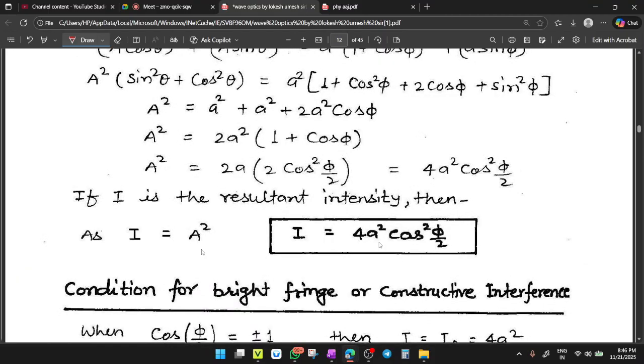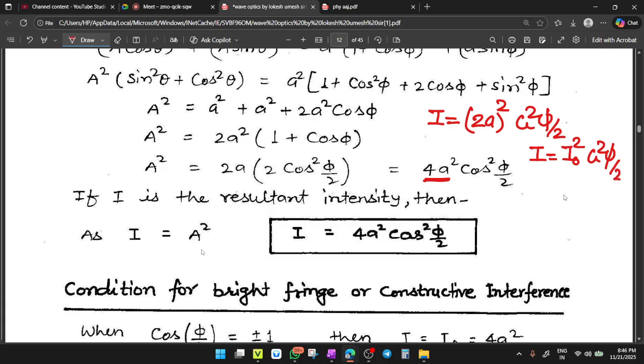Yes, this is the formula. Like I equals I naught square cos square phi. Check here, this is equals to 4a square, so this becomes 2a square, cos square phi by 2.